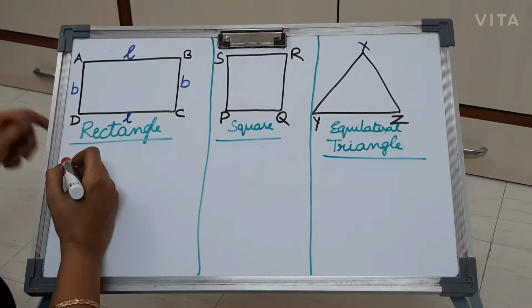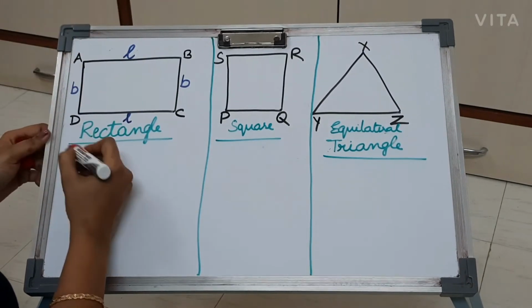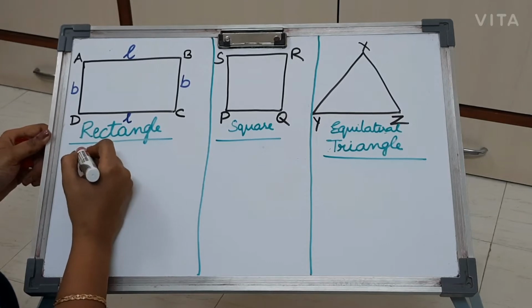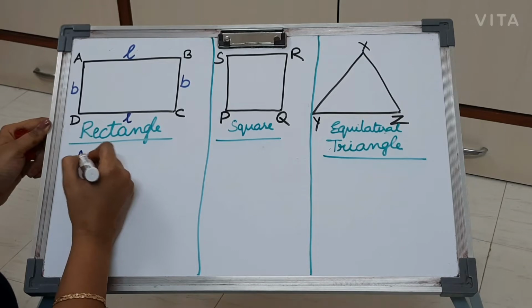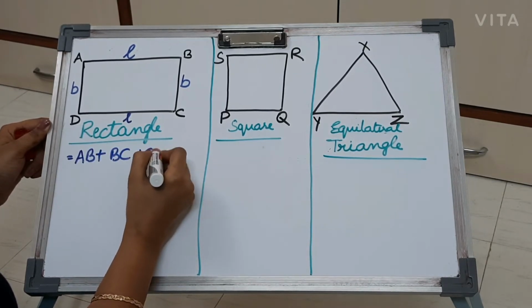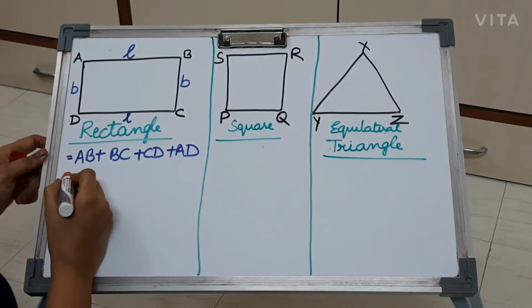What is a perimeter? As I told you, it is the measurement of the boundary, the walls. So perimeter means the sum of the boundary: AB plus BC plus CD plus AD. Now, we will put the values here.